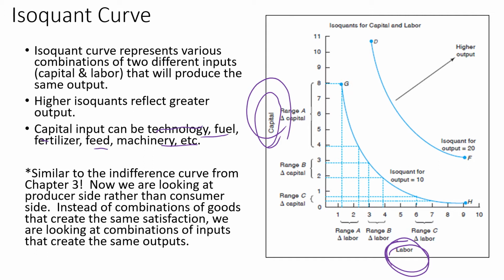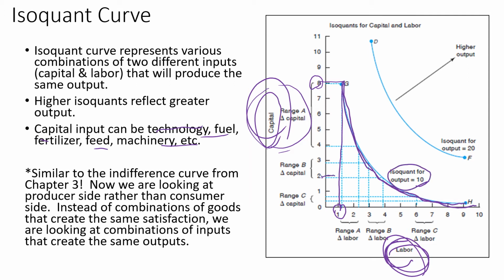So any combination of capital, units of capital, combined with units of labor that lie on this single line will produce the same level of output. So if we use 8 units of capital and we're going to pretend that lines up with 1 unit of labor, that's going to produce 10 units of output.